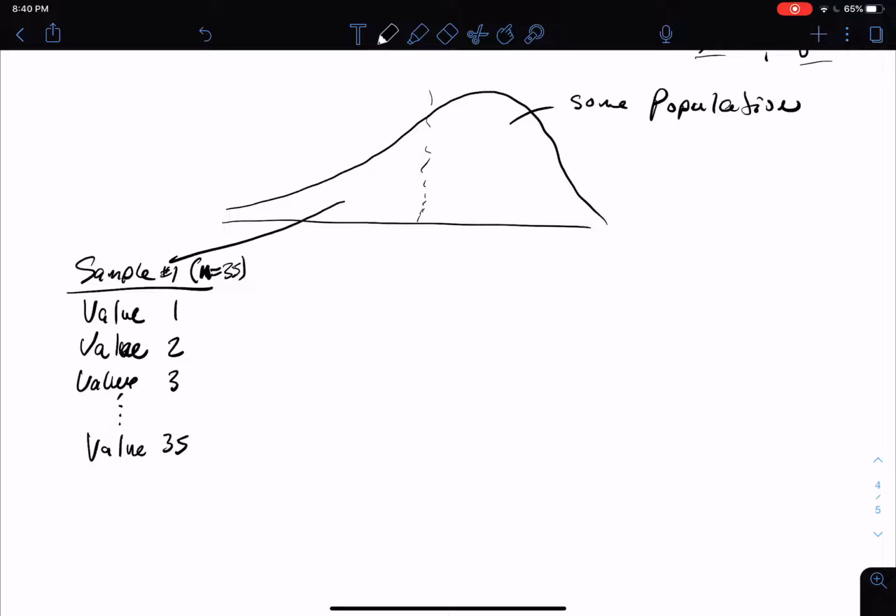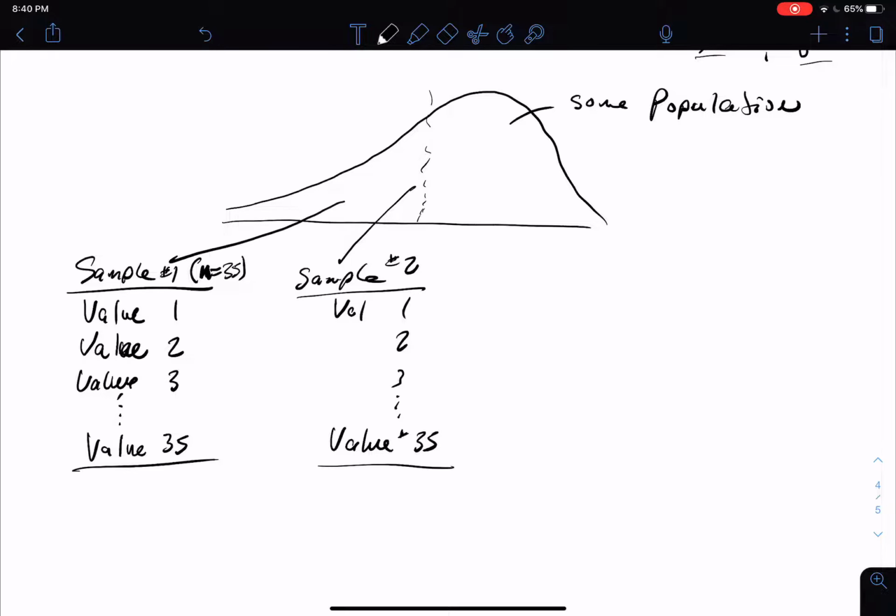And then you get another sample. Sample number 2. Value number 1, 2, 3, all the way down to value number 35. And you get another sample. Same thing, value 1, 2, 3, down to value number 35. And you keep on doing this.